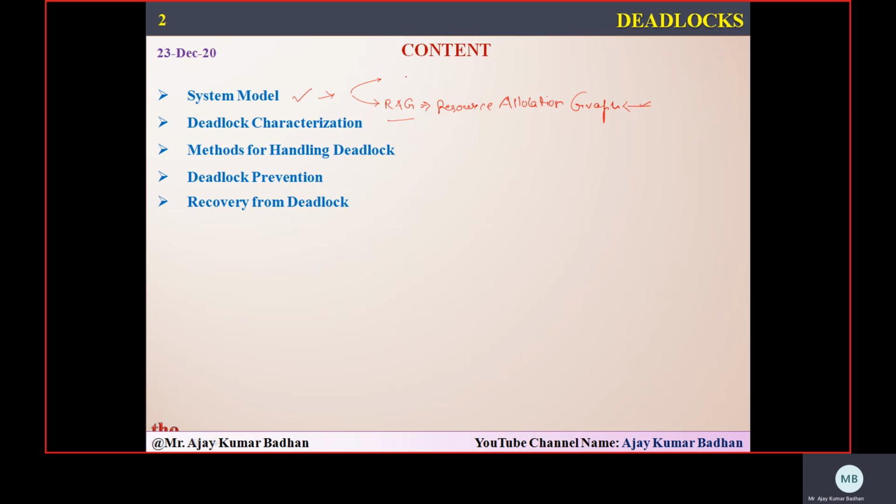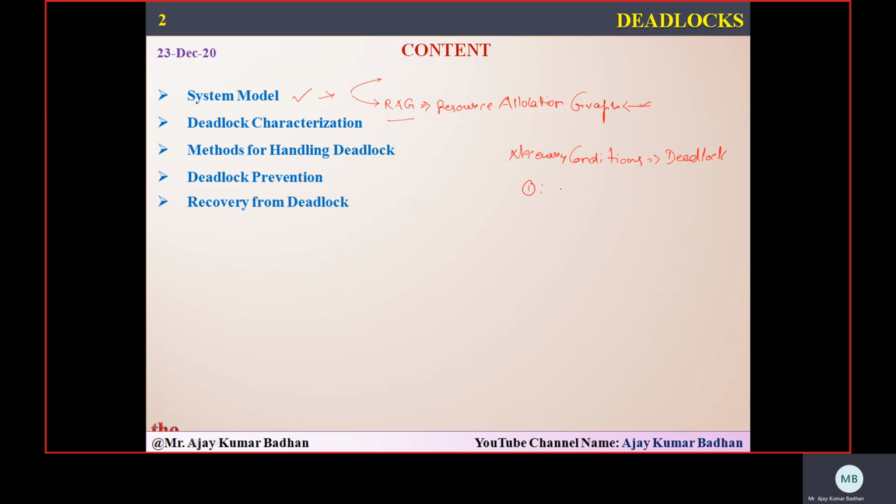Apart from that, we also discussed the way this deadlock arises and what the important features are within this. That is nothing but the necessary conditions for occurring a deadlock. I think you remember the previous video in which we discussed it.